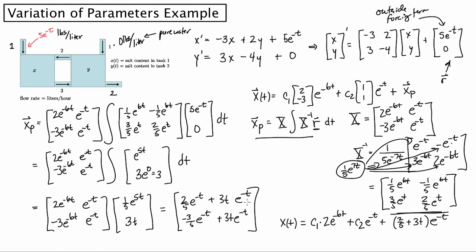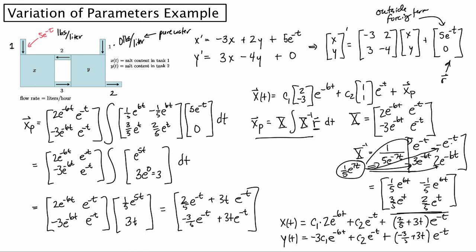So that's the top component of xp. Similarly, the solution for y of t, reading across the bottom component now, is minus 3c1 e to the negative 6t plus c2 e to the negative t plus the bottom component here, minus 3/5 plus 3t, e to the negative t.